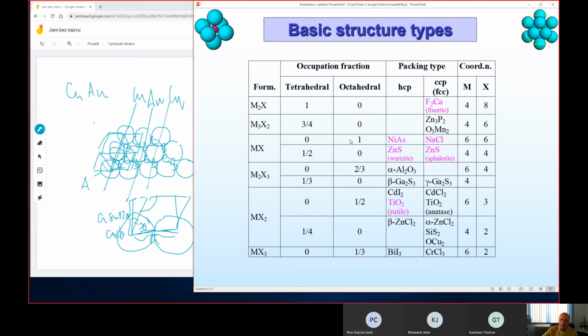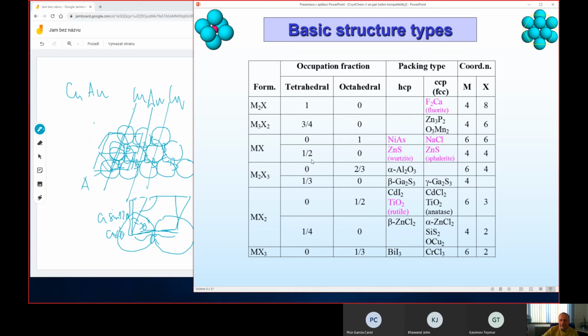For a complete occupation of octahedral sites, we have the stoichiometry 1:1, and the ratio of coordination number is 6:6. In cubic close packing, it is octahedral for both types of atoms, while it is octahedral and trigonal prismatic for the atoms in octahedral positions and close-packed arranged atoms in hexagonal close packing.